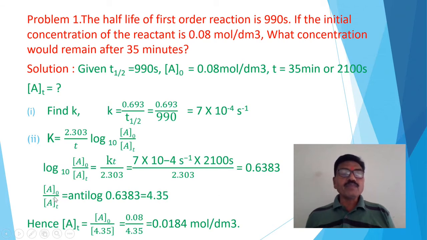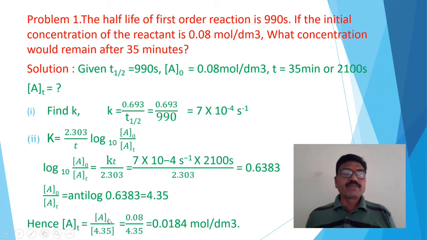In order to remove this log, we have to take the antilog of this. That is written here, antilog of this. Just look up the antilog in the log table, and it has such a value. Now what do we have to calculate? At.